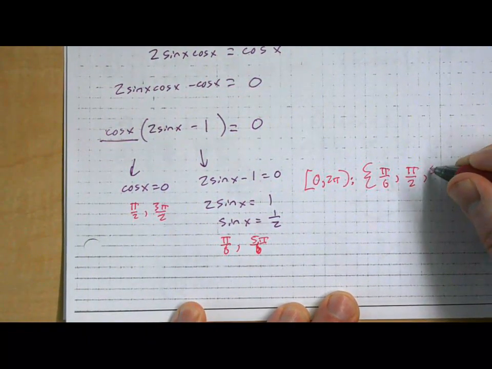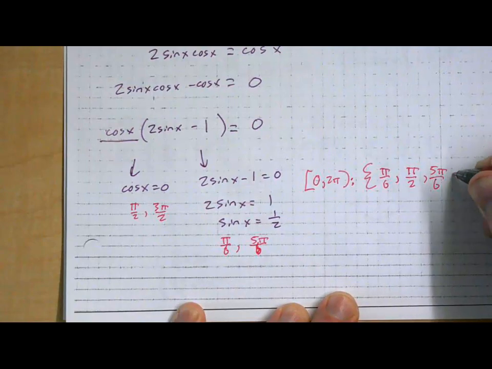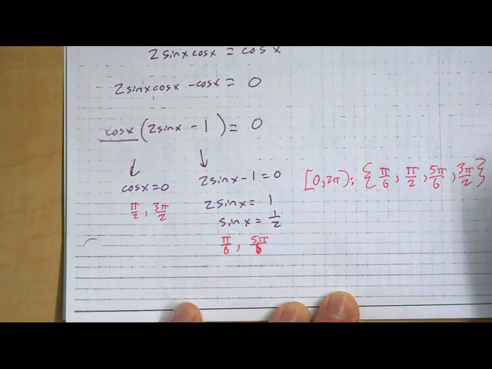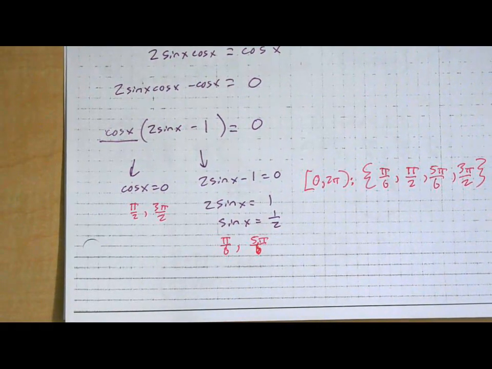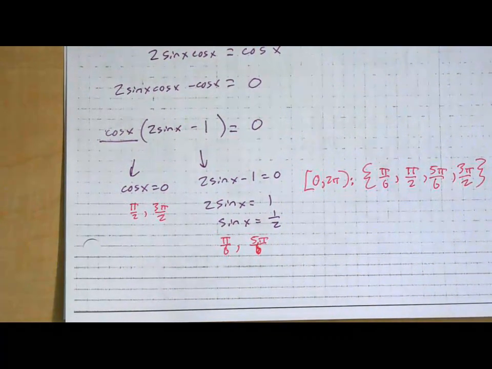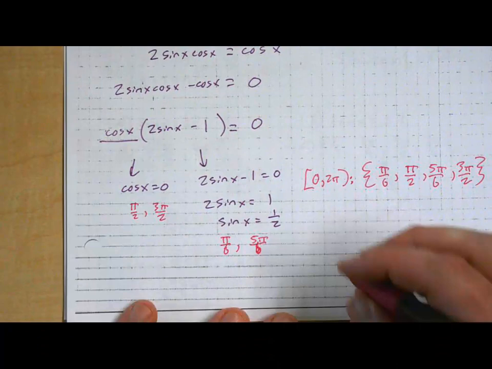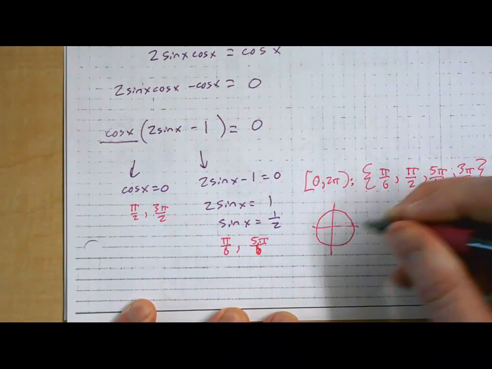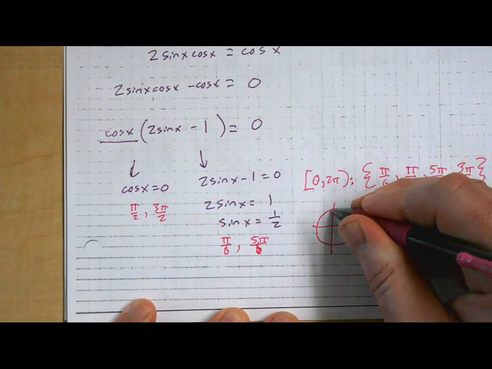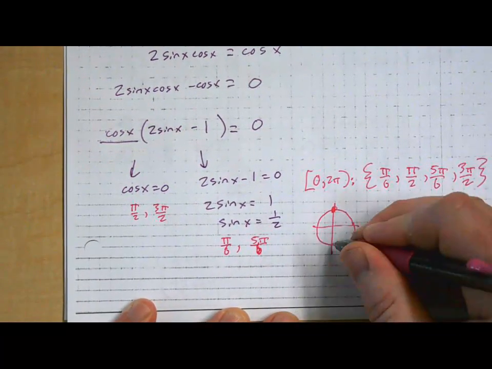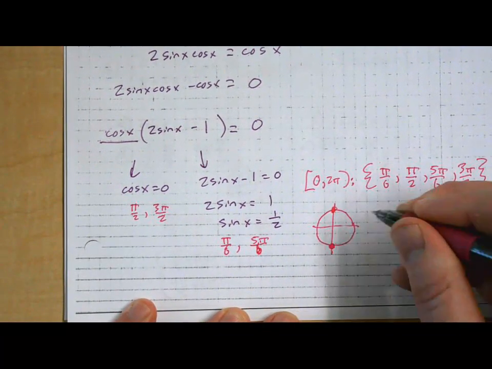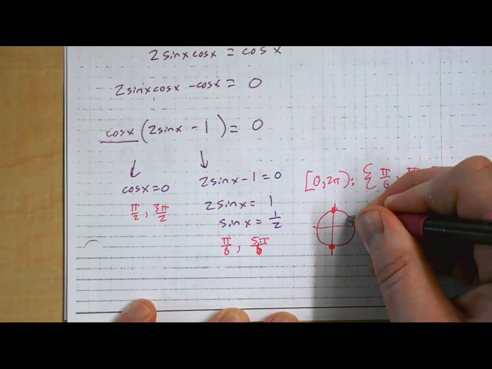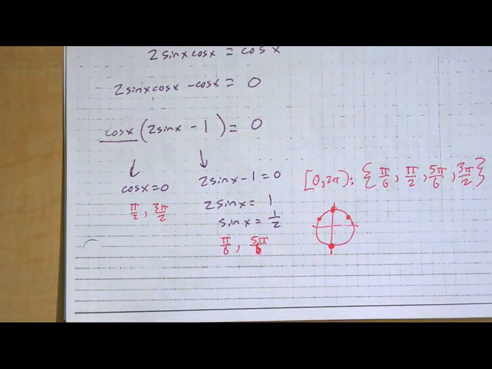Oh, man. We could simplify this, I think. Pi over 2, 3 pi over 2. So those two we can simplify. Pi over 6 and 5 pi over 6.